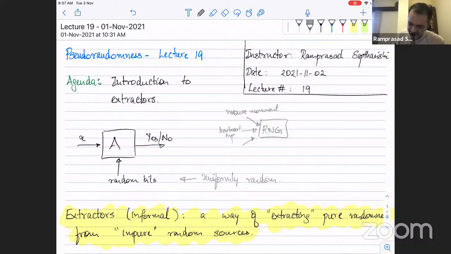Sometimes it will take things like some system clock. So it takes a bunch of these sources which have some inherent amount of randomness in them. It might also be that some of these sources are correlated with each other. And it takes all of this and tries to produce something that looks random.